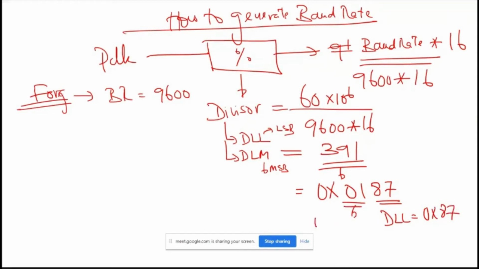This is DLM, which is hexadecimal 01. Just like we load the values of TL0 and TH0 for timer 0, this is a 16-bit number which you have to load.